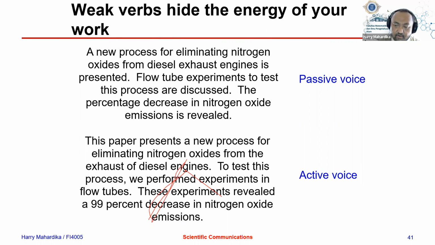So therefore, you need to use a mixture of active and passive voice. Even in an article, we cannot use active voice all the time. So the best choice is to make some kind of a mixture of active and passive voice.